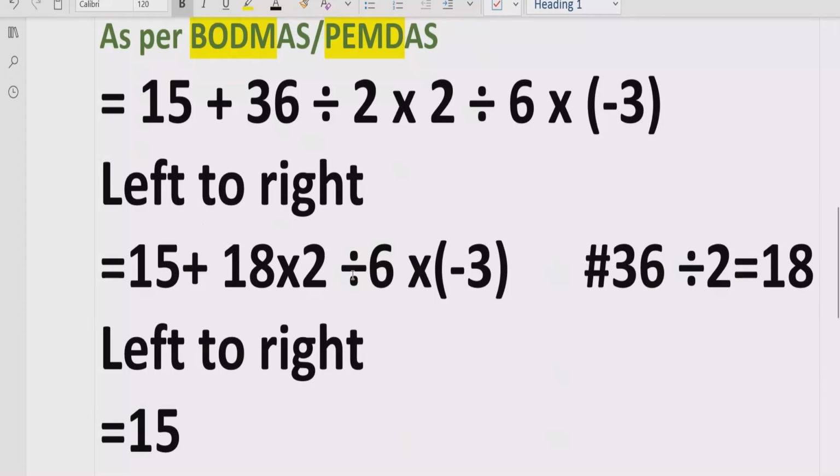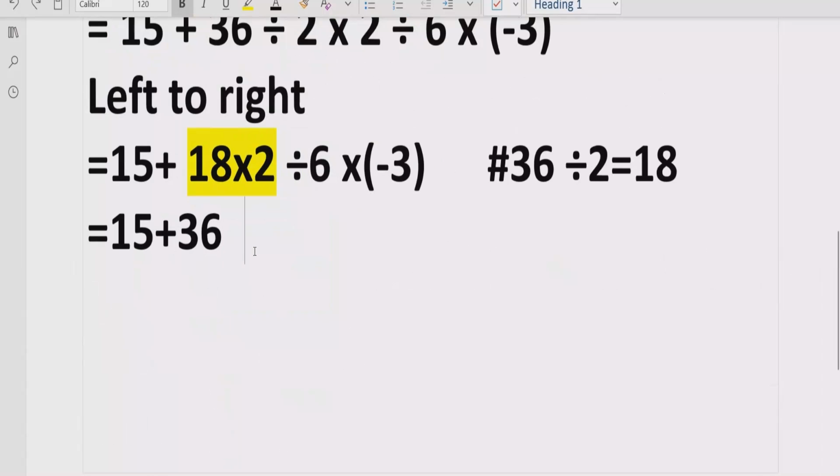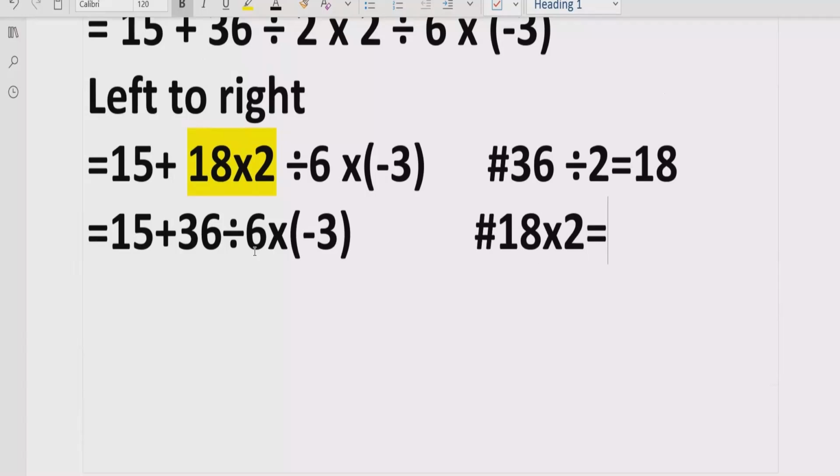So now this time we have 18 multiplied by 2. This one we have to solve. So it's again 36 divided by 6, we will write here as it is, multiplied by -3. And here we have to give the reference: 18 multiplied by 2 equals 36. Now move forward.